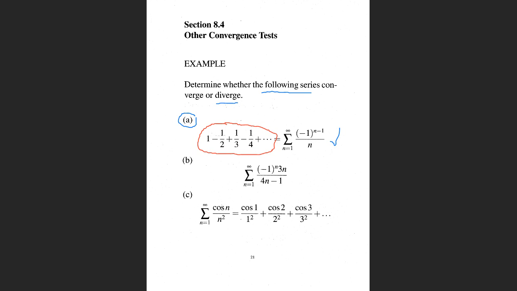Our harmonic series would be like if you had 1 plus a half plus a third plus a fourth, and so on. That would be where all the terms are positive. And the harmonic series here, does it converge or diverge? A harmonic series.